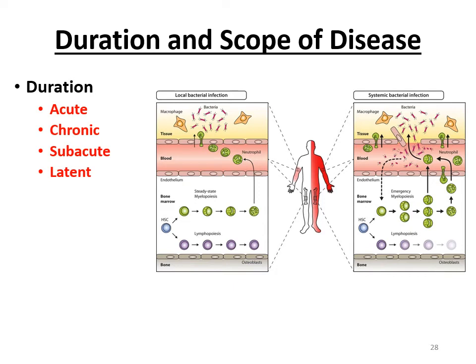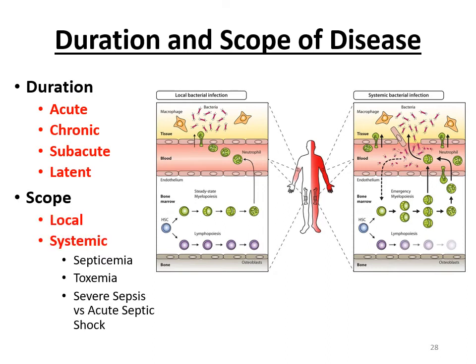Now, in addition to duration, how long these symptoms are occurring, you also have the scope of infections, which means how widespread on your body the infection is. Local is exactly what it sounds like. Local means the pathogen stays at the original location, so the infection is just at one spot.